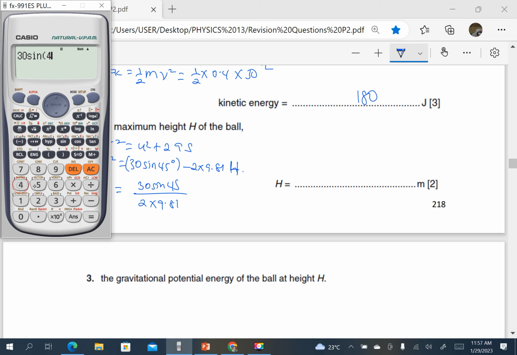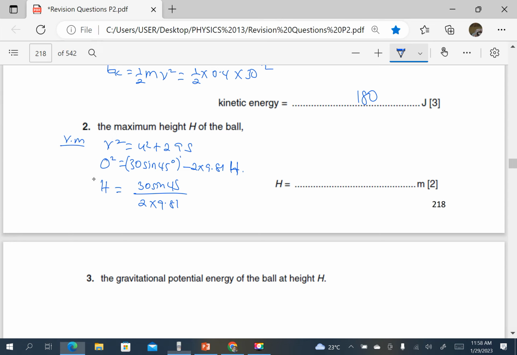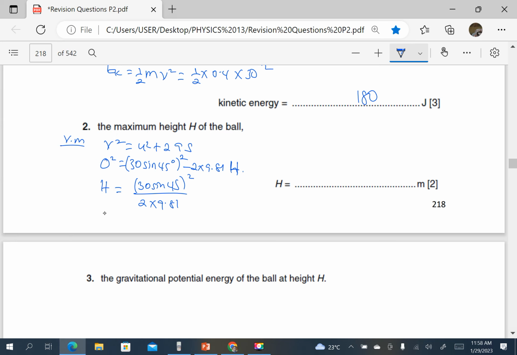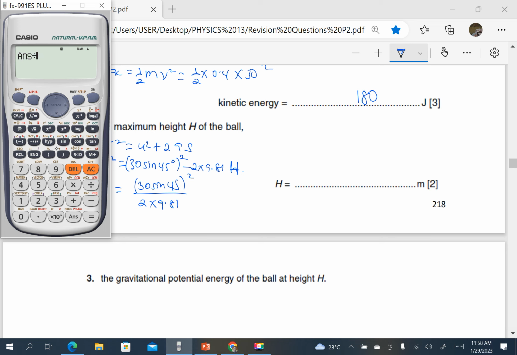Oh, this is squared, so I'll repeat this. 30 sine 45, squared, divided by 2 times 9.81.